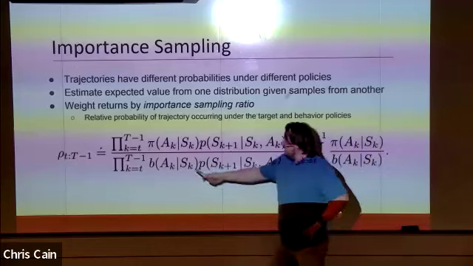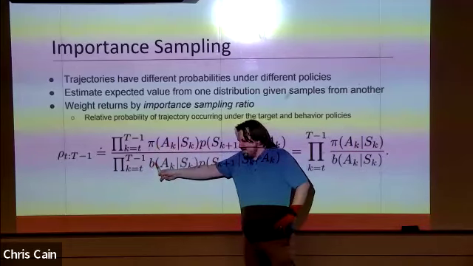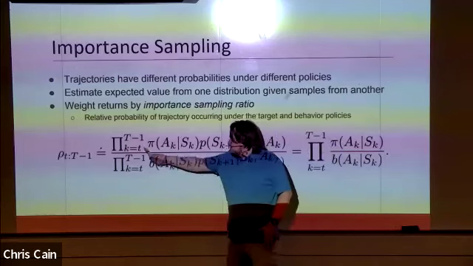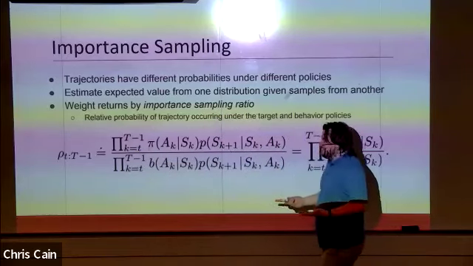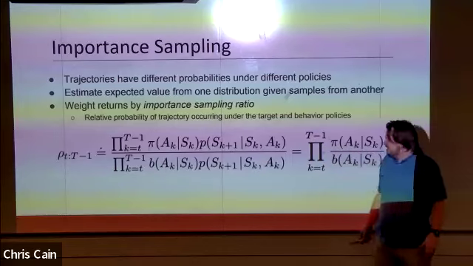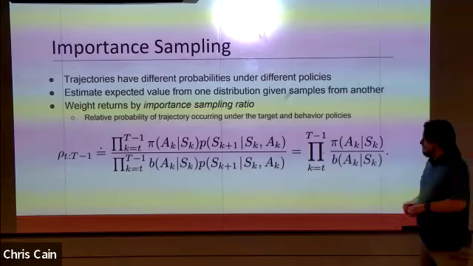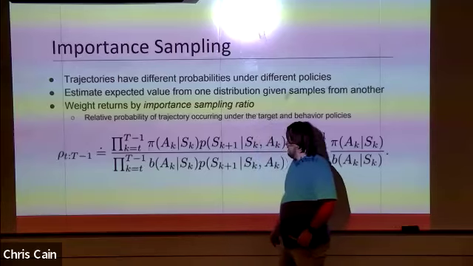This is the target policy and this is the behavior policy. So the target policy is the numerator, and the behavior policy is the denominator. We're going to say for every step in this trajectory, which is why we take the product. I'm sure, hopefully, we've seen this notation before. Capital Pi is just the product of how likely this is given a particular policy.